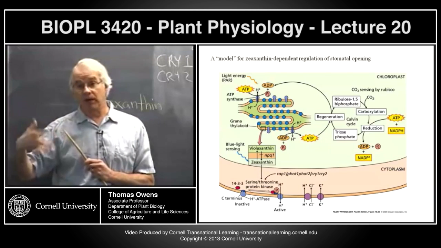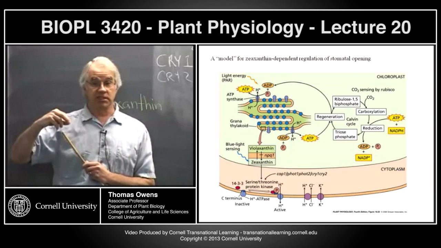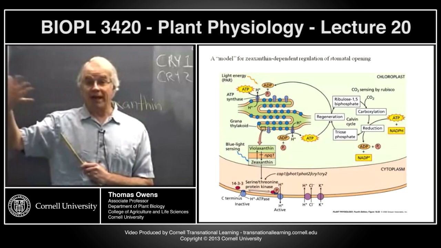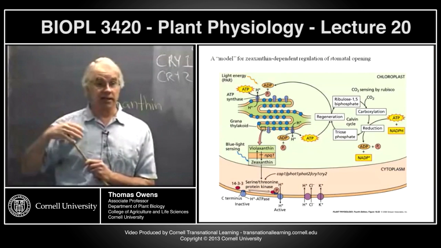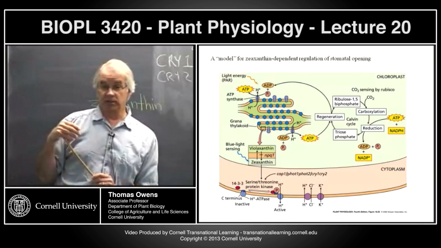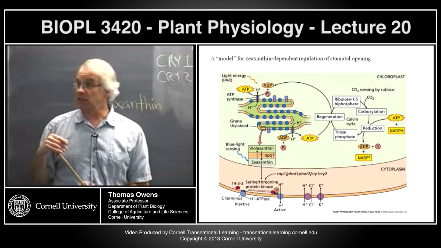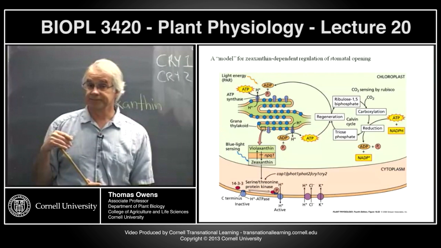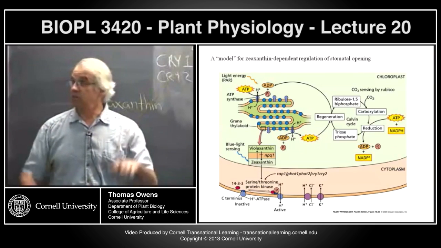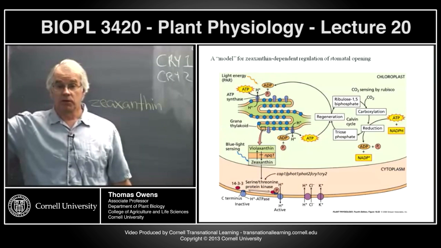As we talked about when we discussed photosynthesis, that change from violaxanthin to zeaxanthin turns on new mechanisms that take light energy in the antenna and dissipate it as heat, to prevent the excess light energy from causing reactive oxygen species and things like that. So this part is well understood in terms of the role it plays in photoprotection.